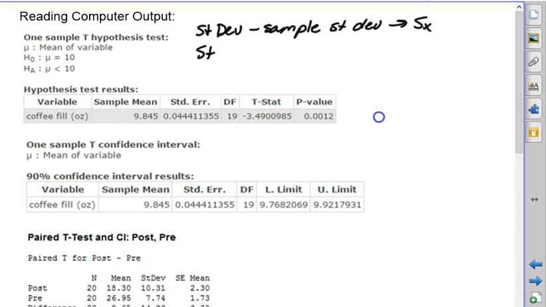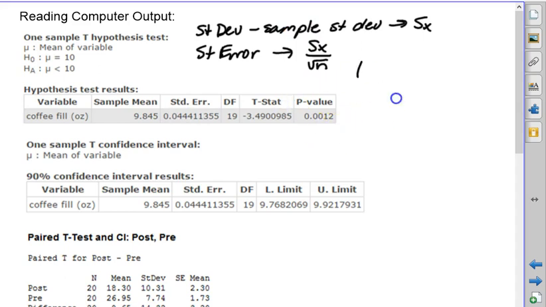But when you see standard error, that's going to be S of x divided by the square root of n. So this has already been divided by the square root of the sample size, and the sample size is 20 because degree of freedom is 19. So this has already been divided. This is the value that I would use then to calculate my t-statistic.